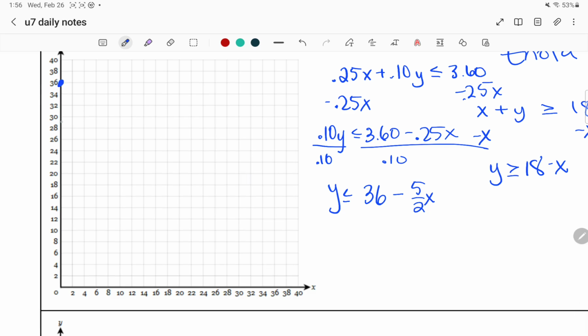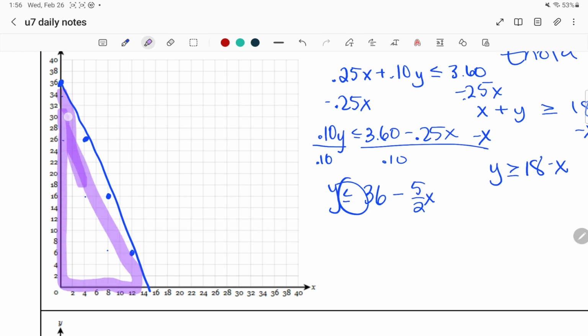Start at 36, down 5 over 2, down 5 over 2, down 5 over 2. Solid line, and it is less than. Less is low, so I'm going to go low. Everything under.